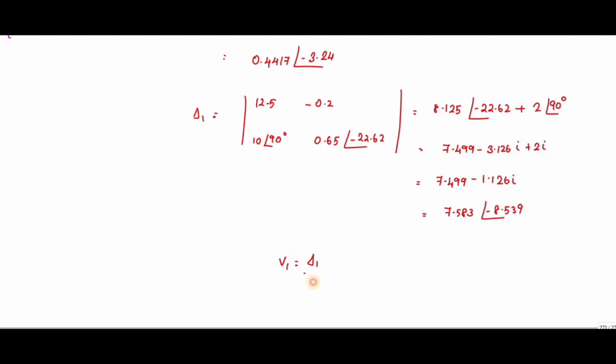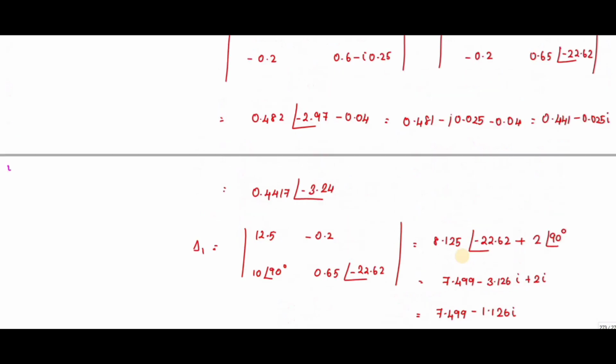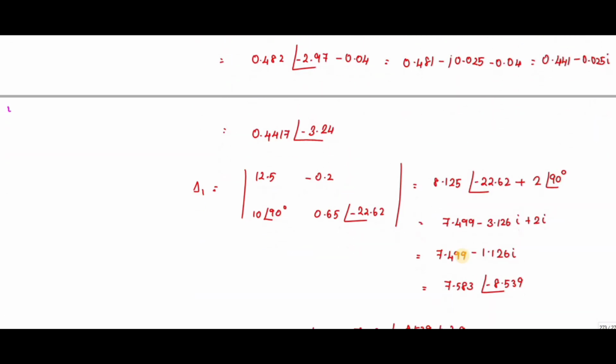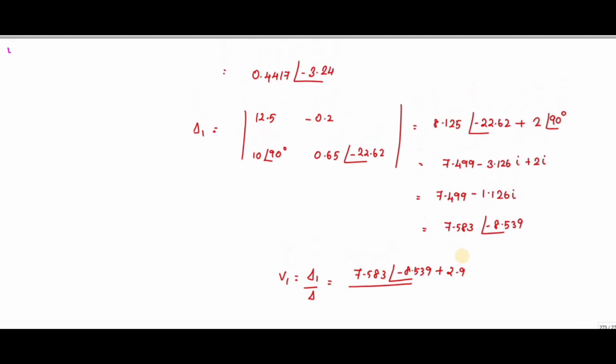V1 is equal to del 1 divided by del. Okay. So 7.583 minus 8.539 plus 2.9. What is my del? 3.24. Okay.